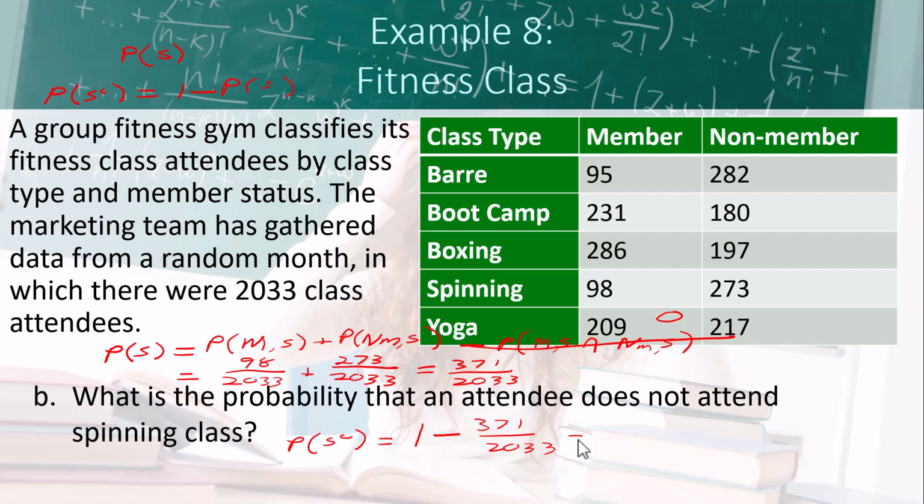The best way to write that would be 2033 over 2033 minus 371 over 2033, and that will give us 1662 divided by 2033, which is a reduced fraction, or if you want to write this as a decimal, this would be 0.8175.